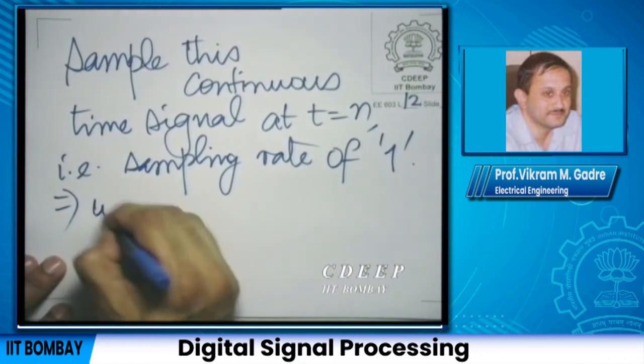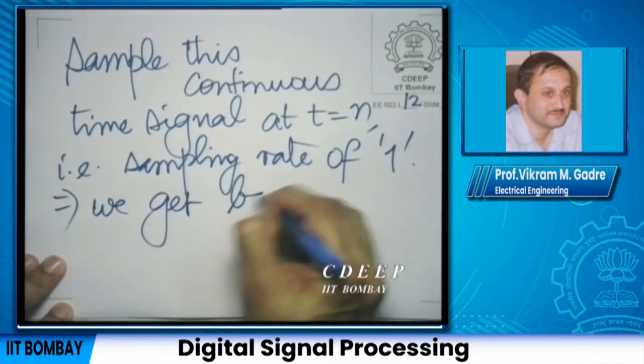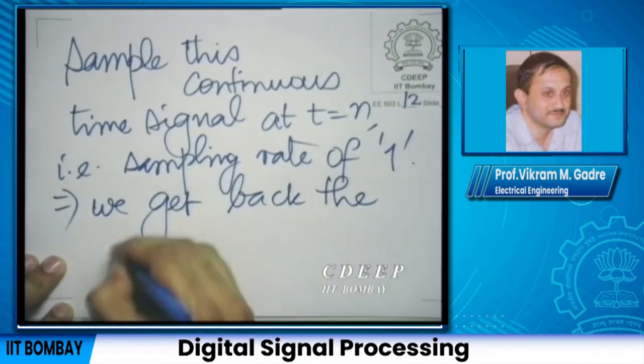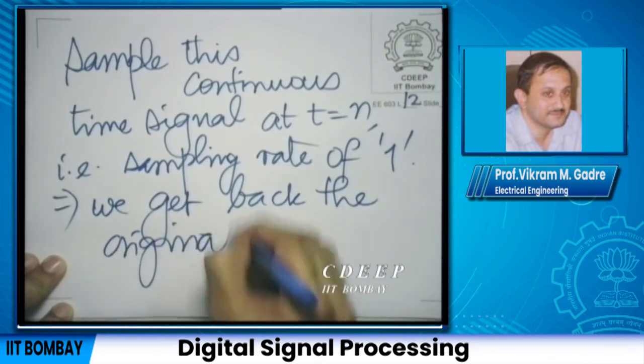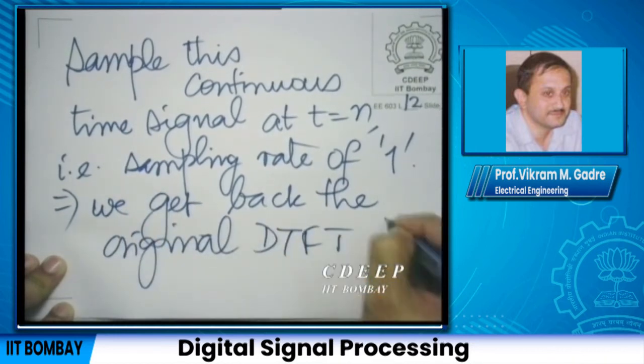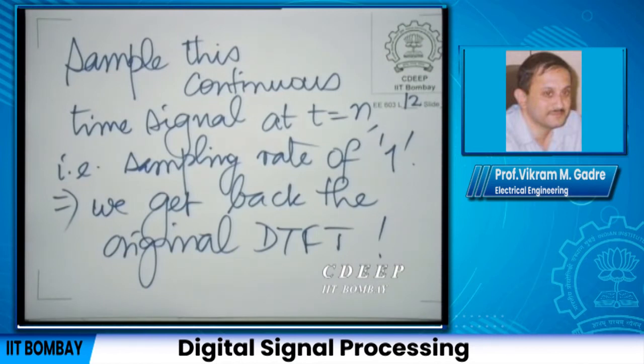So, we get back the original DTFT, because when you sample at a sampling rate of 1, the effect is to shift the original spectrum by every multiple of 2 pi by 1, which is 2 pi on the frequency axis, and these translates are added. So, you get back the original DTFT.